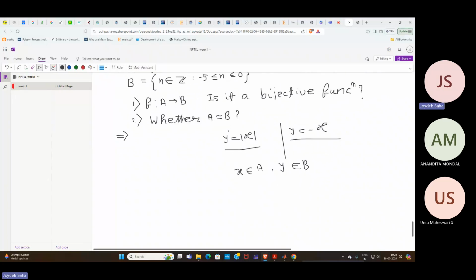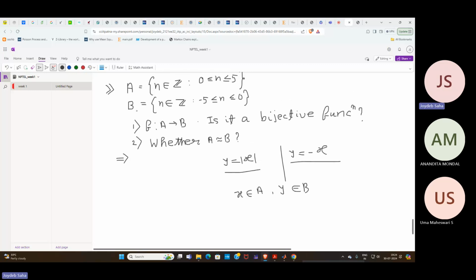But we can definitely answer question number 2, whether A and B are equicardinal or not. Yes, sir. Both have the same number of elements, so they are equicardinal. So there is a bijective function from A to B available.